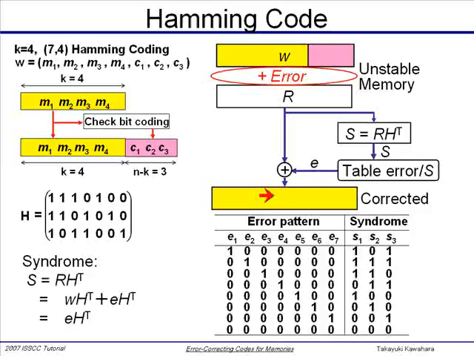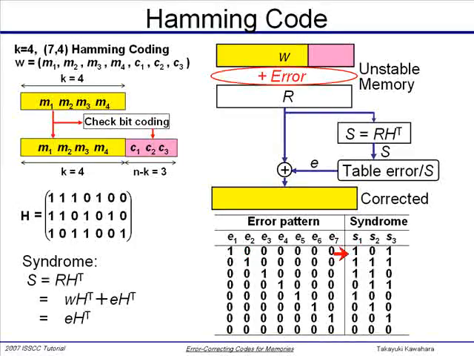This is the table. E1 to E7 correspond to the error on the M1 bit, and E7 is the error on the C3 bit. Of course, the check bits are also affected by error. So if the first one is in error, the calculated syndrome is 101.